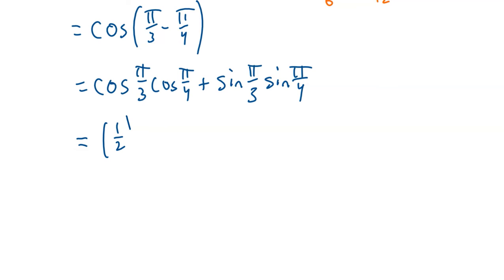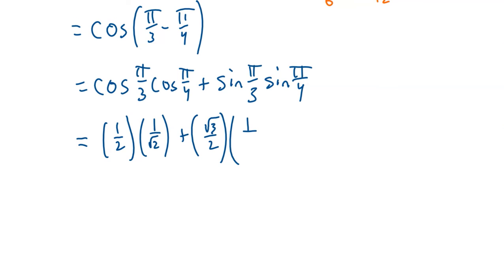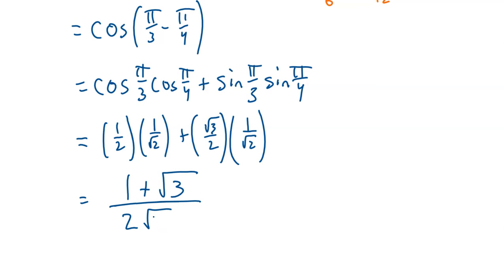So these are 1/2, 1 over root 2, plus root 3 over 2, and 1 over root 2. Which is 1 plus root 3 over 2 root 2.